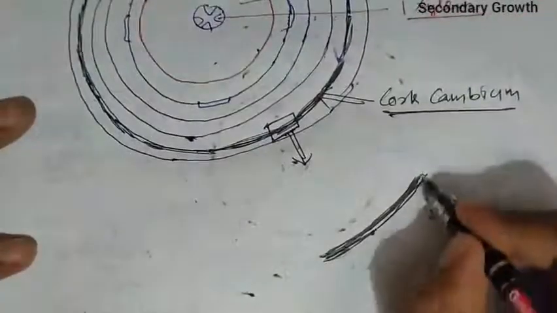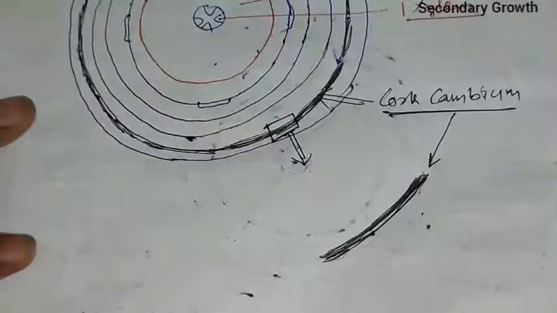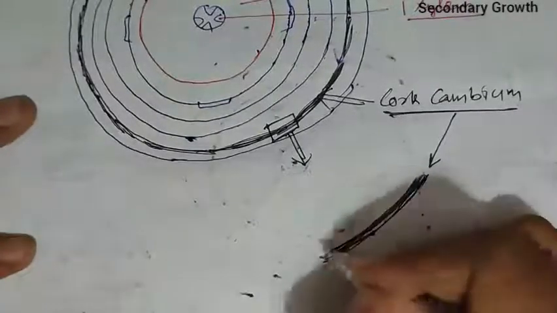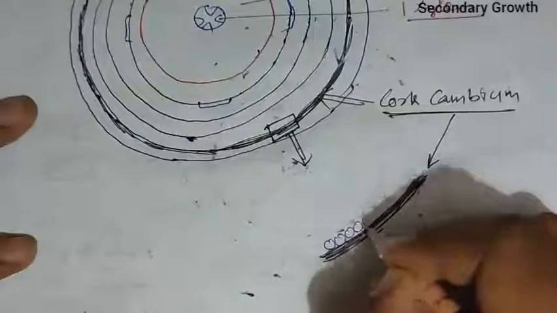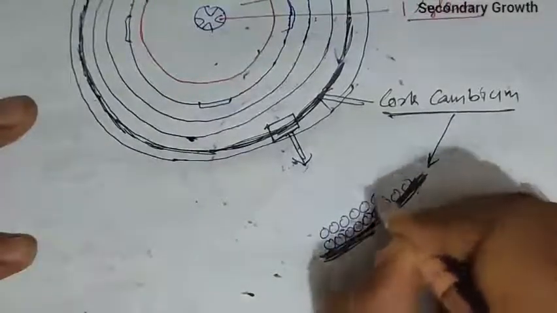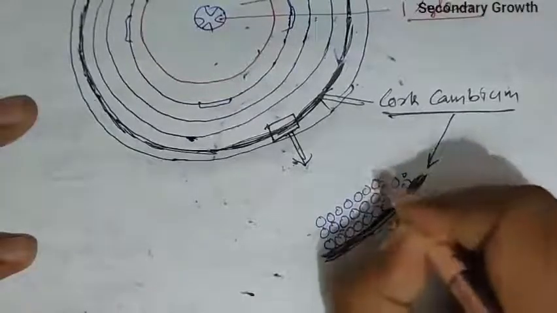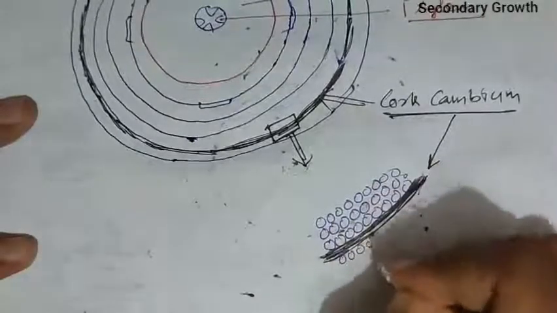This cork cambium divides and adds cells on both sides, inner as well as outer, again by redifferentiation.